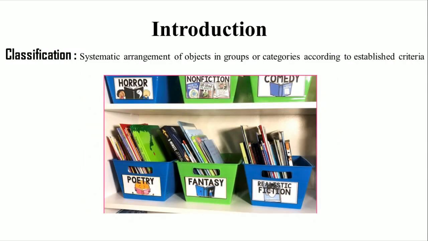So you put them into classes like horror, non-fiction, comedy, poetry, fantasy, and what you find is this makes the task a bit easier because now since they are classified, if you have to find a particular book, if you find the genre, the number of books that you have to go through is reduced to a large extent. So you see that classifying primarily makes a distribution of something more accessible.